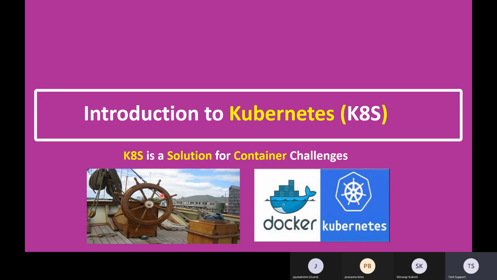This is a normal physical icon. This is a conceptual application layer icon. This icon is also the same as a ship steering icon. Now to manage Docker or to address container challenges, we have to learn Kubernetes. So let's talk about the Kubernetes overview now.